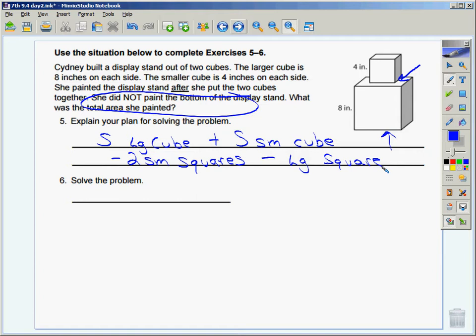You'd remember that 2 of these squares would not be on the outside. They'd be stuck on the inside. So you have to take them back out. And then they said they weren't going to paint the bottom, so I have to remember to subtract that bottom out of that figure as well. Okay? Nothing that confusing tonight.